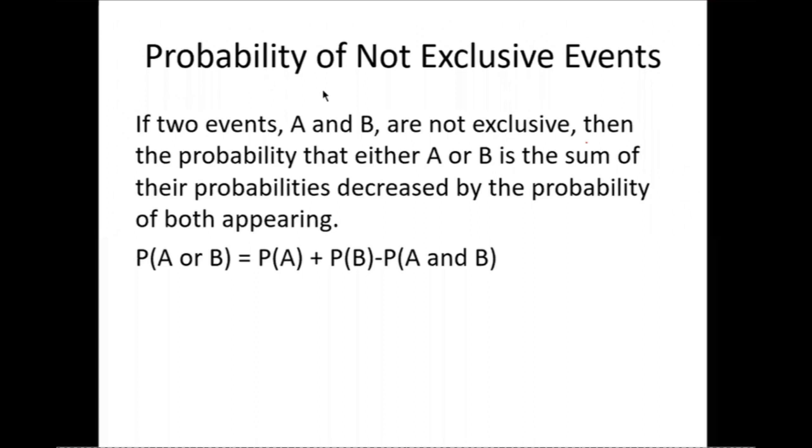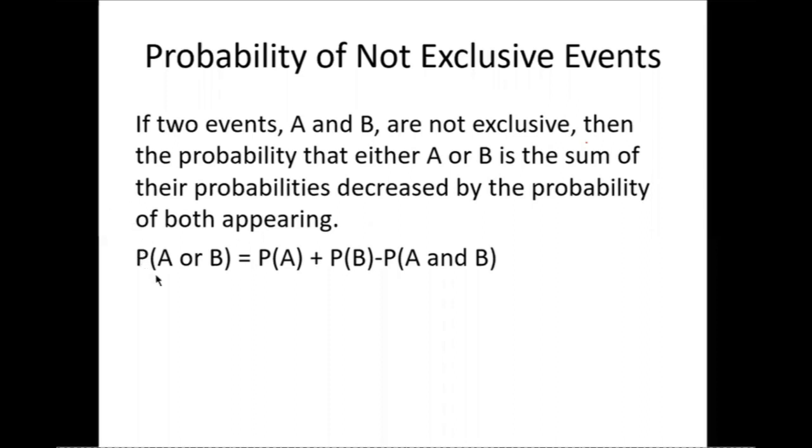Okay, next, the probability of not exclusive events. If two events, A and B, are not exclusive, then the probability that either A or B is the sum of their probabilities decreased by the probability of both appearing.